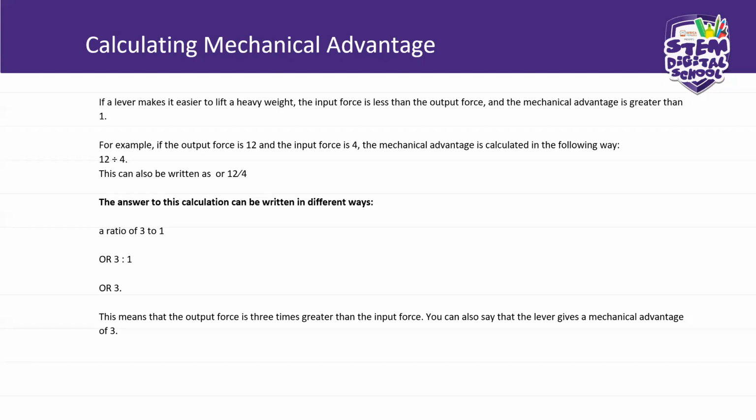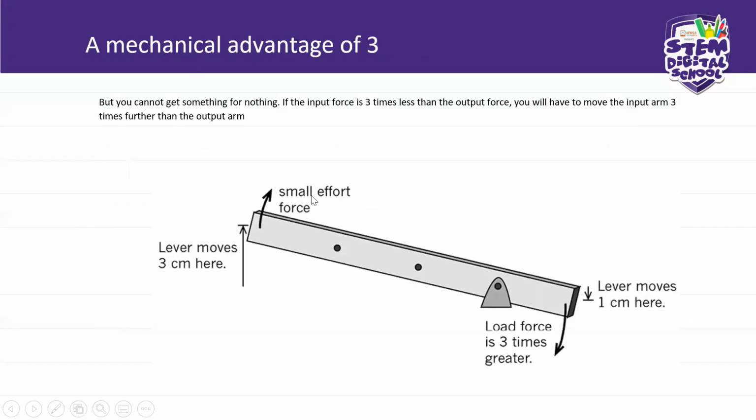This time we are only doing levers, but we can do any other mechanical systems. This will be the formula. Let us look at a mechanical advantage of 3 for us to understand better.